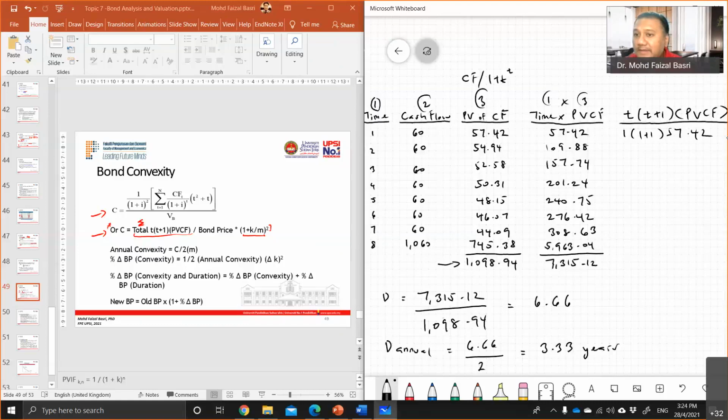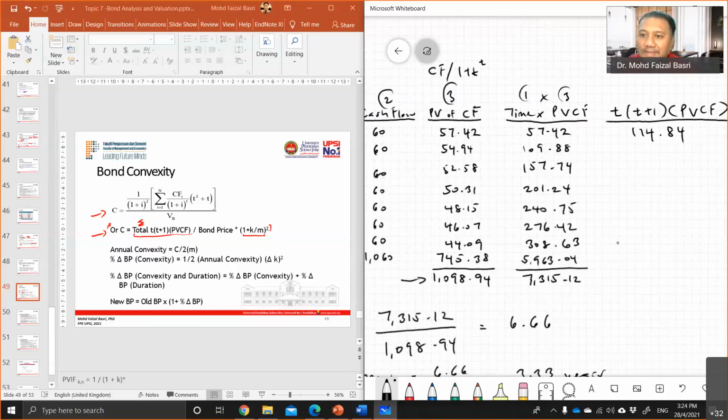Technically it is 1 multiply with 2 multiply with 57.42, so 114.84. That's the first one.